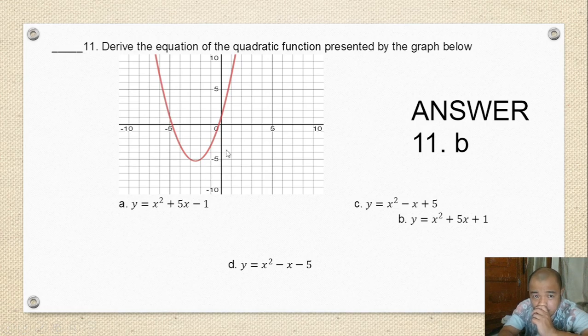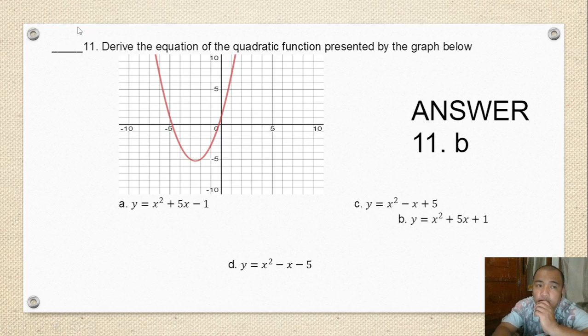Because it's hard to locate the vertex, I think we're just going to get 3 points here and then use the procedure wherein you create equations 1, 2, 3 to solve for A, B, and C. So this will be your assignment.